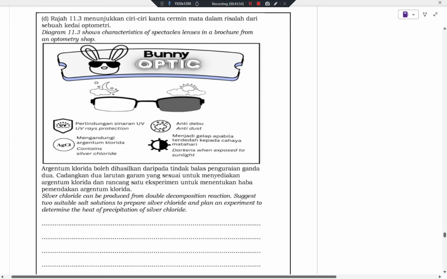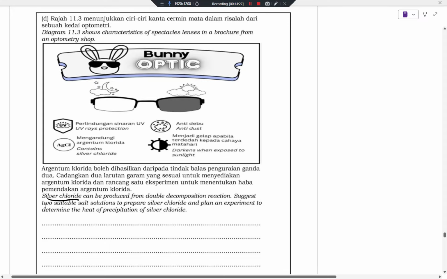Okay, next, what is this? I think this is about photochromic glass. Photochromic glass turns black when light falls on it; it is actually a kind of salt. The one is silver chloride, which can be produced from double decomposition. Suggest two suitable salt solutions and plan an experiment.